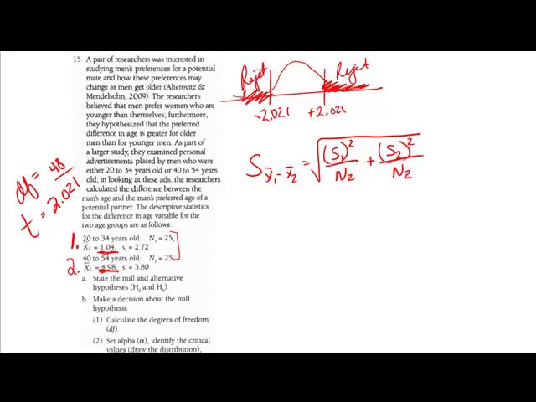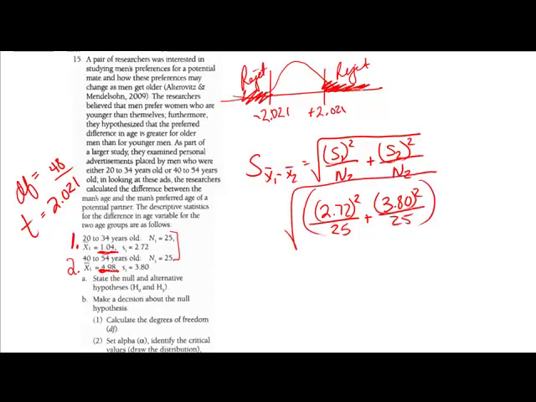Let's look at our numbers. S1 is 2.72, so we're going to square that and divide that by 25. Add that number to 3.80 squared divided by 25. Add those two numbers together and take the square root. So fire up your calculators.